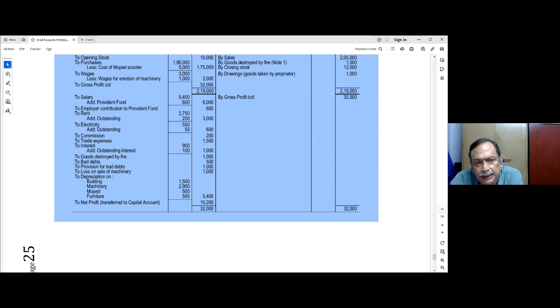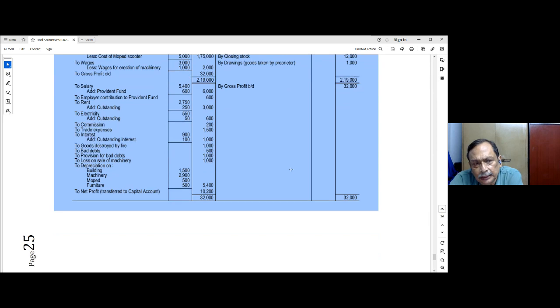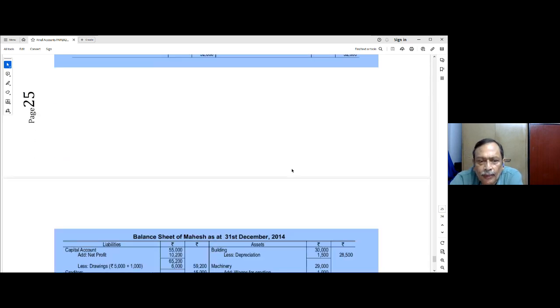Then we are going to charge the depreciation: building, machinery, moped and furniture. Gross profit we have brought forward. So net profit will be transferred to the capital account.